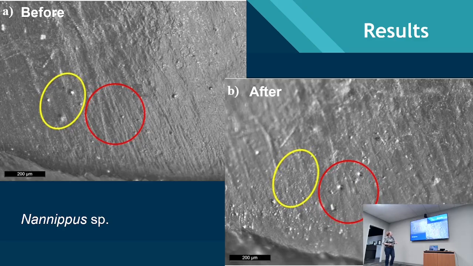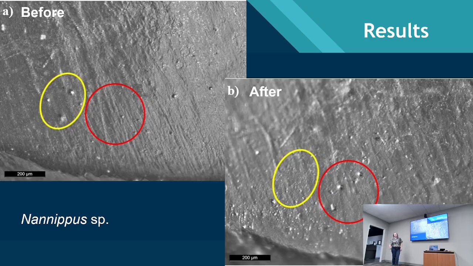If we go to our horses, this is another example for the pits. So if you look at the yellow here, these 3 little dots are pits. If we go over here, they're not there anymore. And then if we go to the red, there's maybe 1 pit. If we go over here, there's suddenly all these new pits, and they're all completely different. This is, again, the same exact position on the tooth.